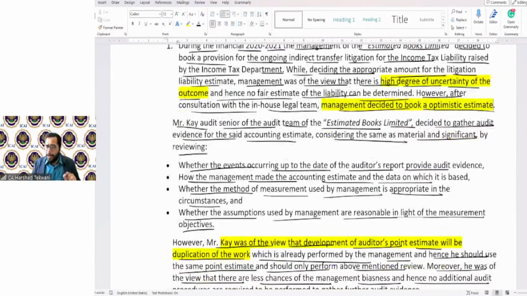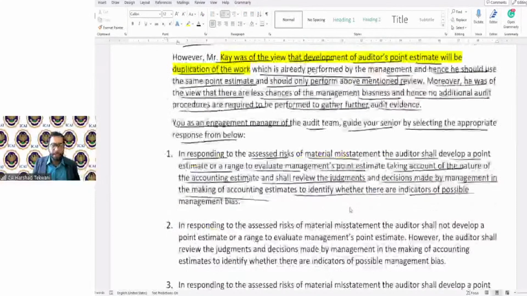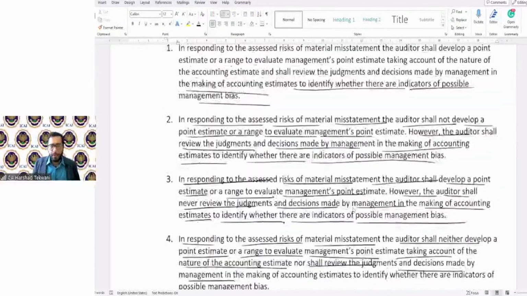So these are also points that are required to be considered while you select an appropriate option. So what should be the correct option?